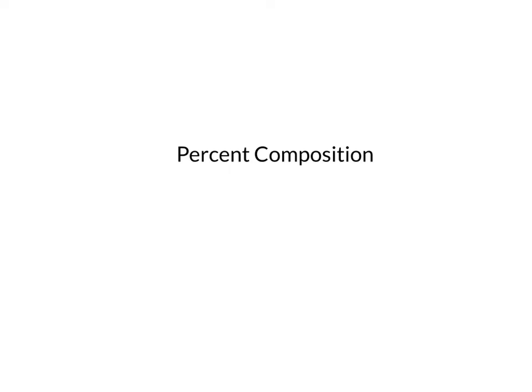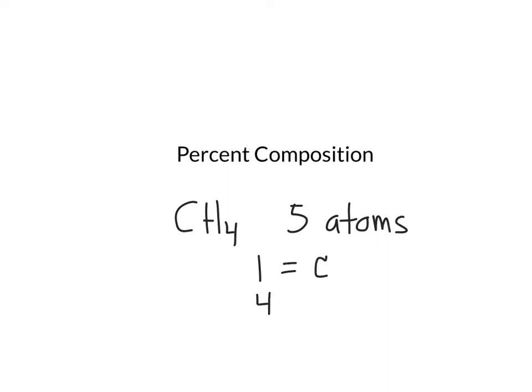A common way of representing the composition of a system is by using percentages. So for instance, if we have the molecule CH4, there are 5 atoms in each molecule. One of those atoms is carbon, and 4 of those atoms are hydrogen.